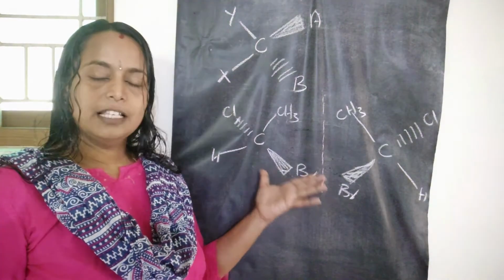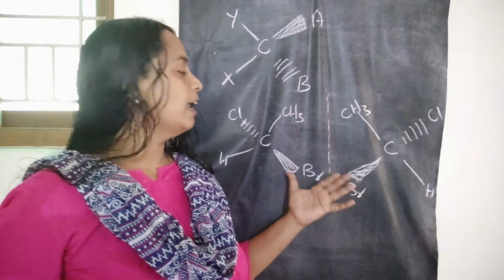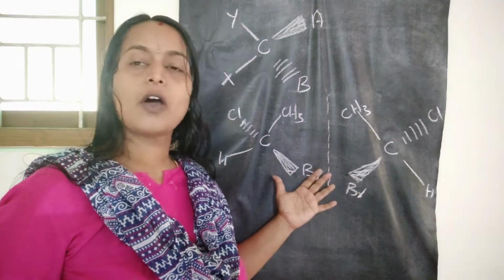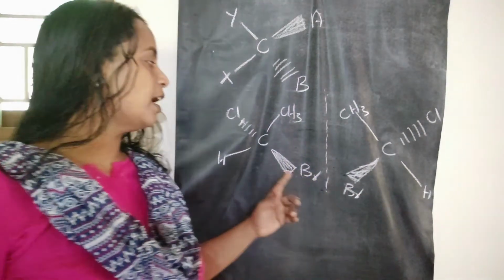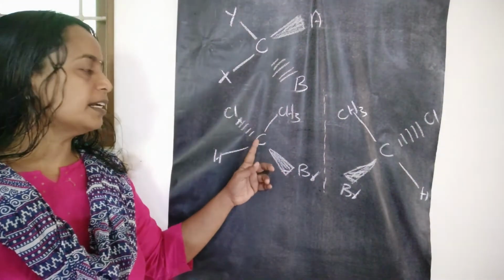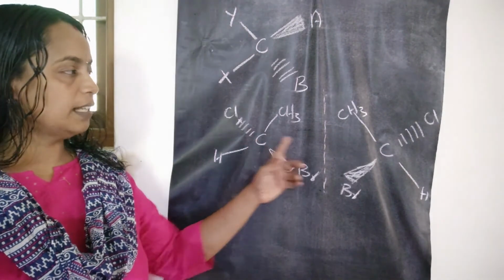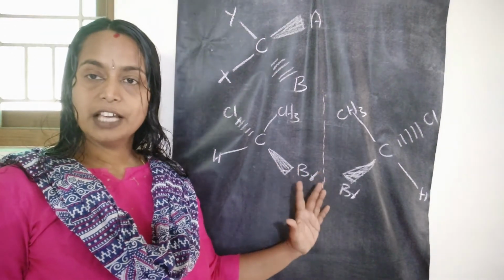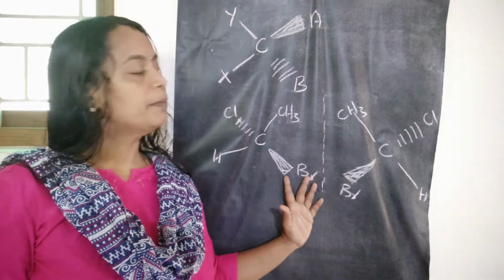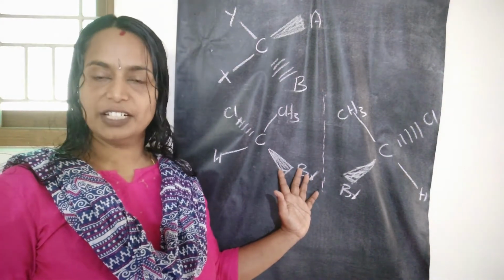This type of phenomenon is called optical activity, and the isomers are called optical isomers. The optical activity is because of the presence of an asymmetric carbon, and the phenomenon is called chirality. Structures which have non-superimposable mirror images are called chiral structures.